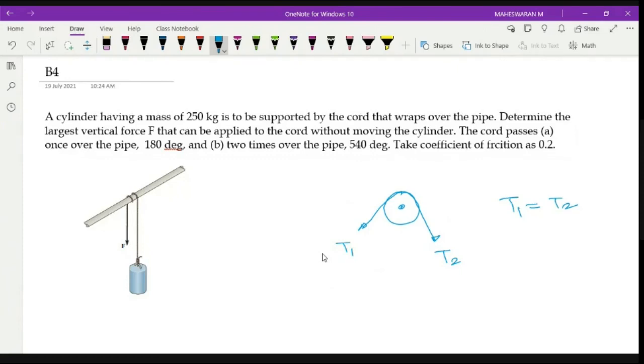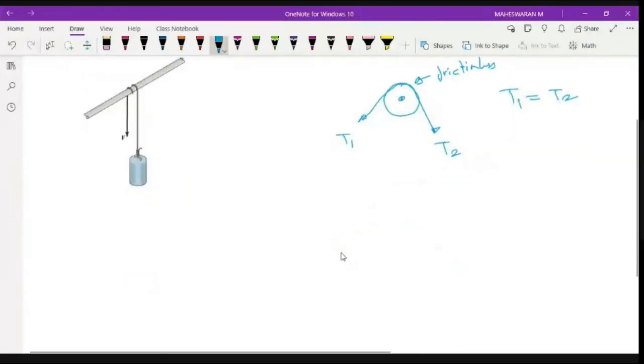Consider a wheel connected with a belt; if you pour some lubrication, the belt will slide and won't rotate the motor. So if it is frictionless, T1 is equal to T2. For friction, there will be a rotation.